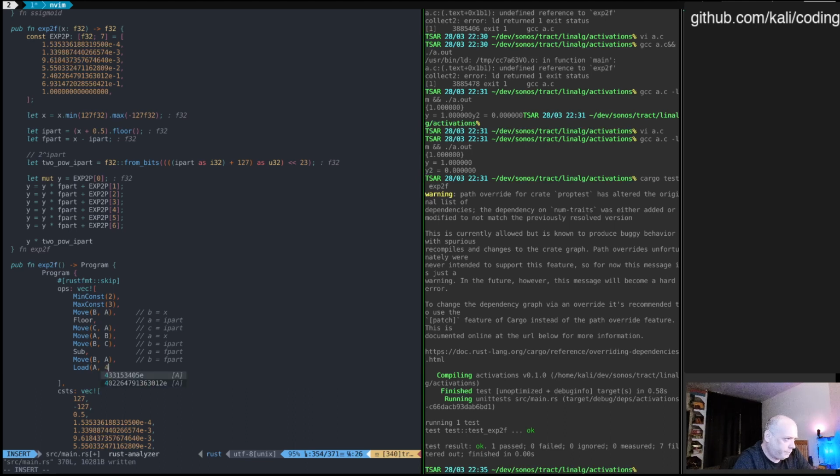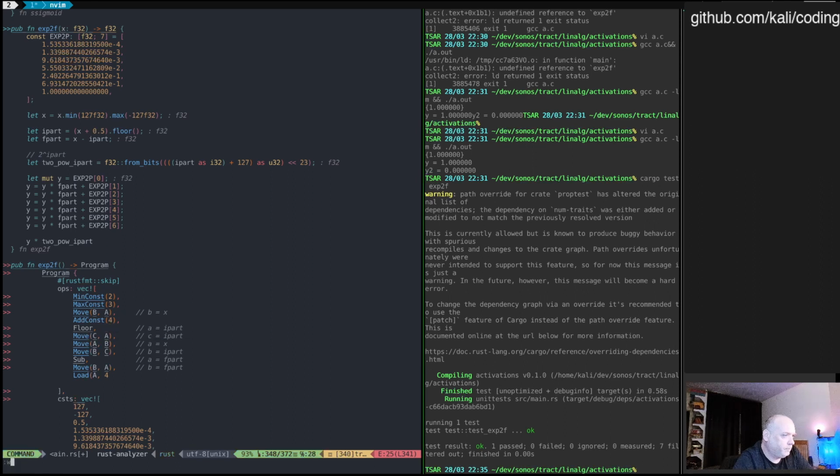So that's 2, 3, 4, 5. 2, 3, 4. I forgot to add this. So that was add const of 0.5, which is constant number 4.